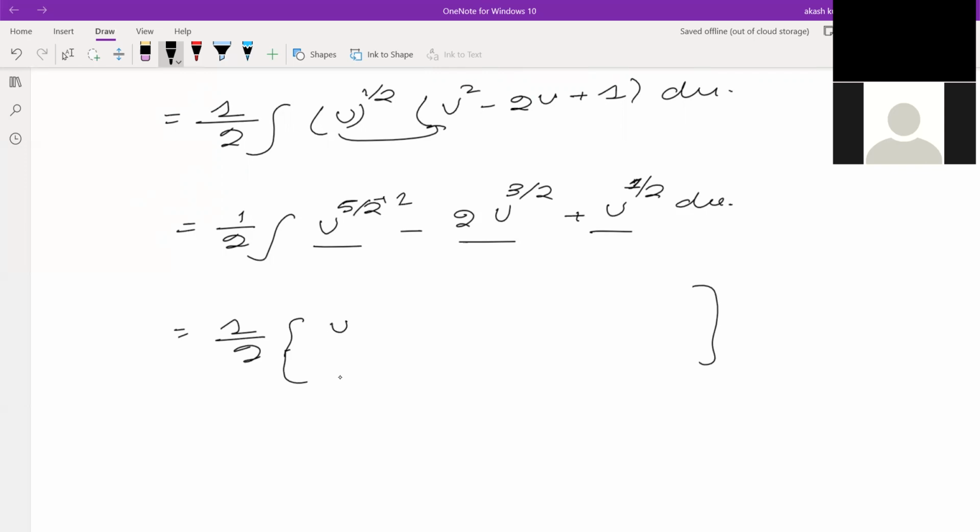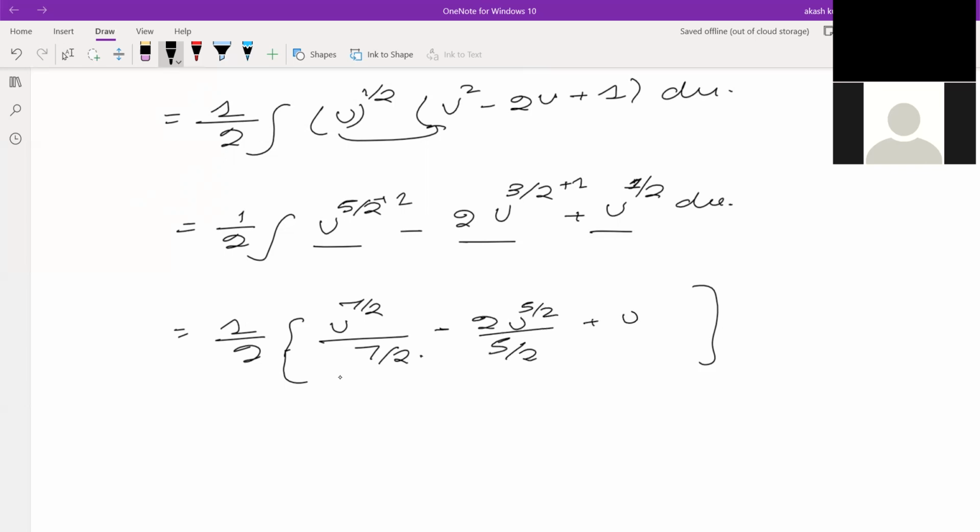If I add 1 to 5 by 2, it becomes 7 by 2, divided by 7 by 2. For the second term, if I add 1 here, it becomes 5 by 2, divided by 5 by 2.